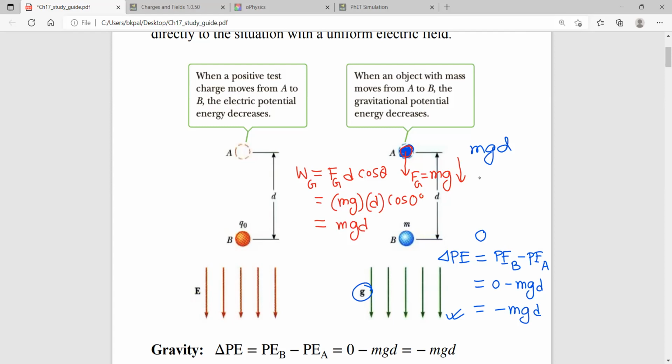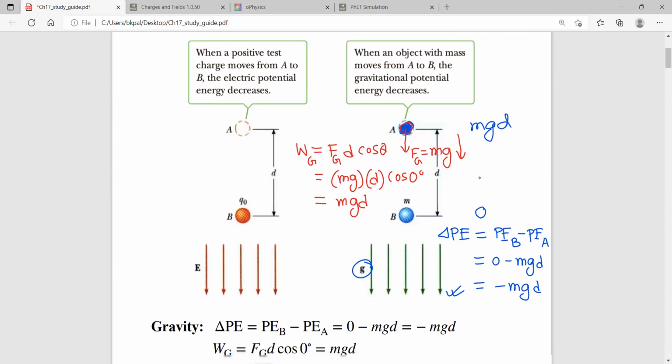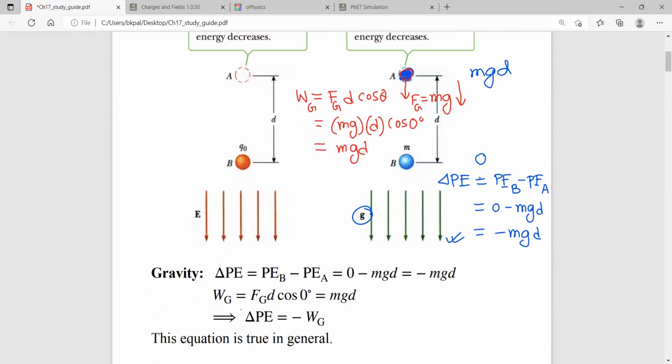So you see that there is a relationship between the work done by the gravity and the change in potential energy. The change in potential energy is equal to minus the work done by the gravity. Okay, there is a minus sign.